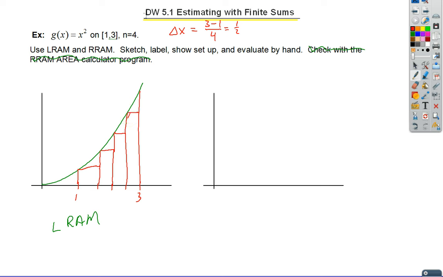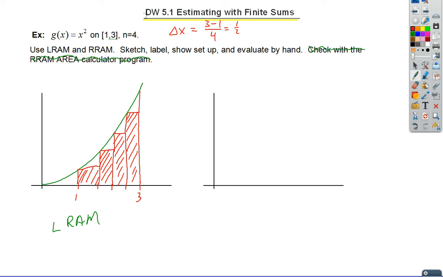So the shaded region that I am finding is here. Notice in our area lab, our left-hand limit for a decreasing function was an overestimate, and this time our left-hand limit on an increasing function is an underestimate.